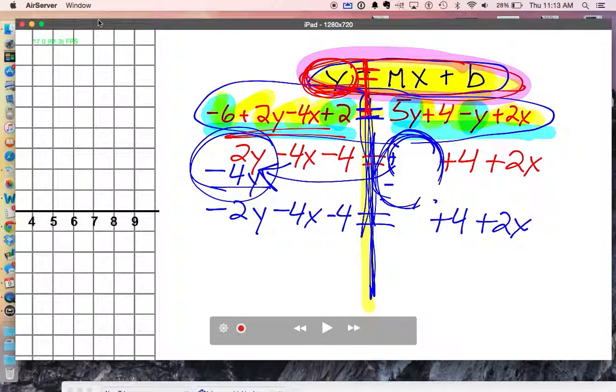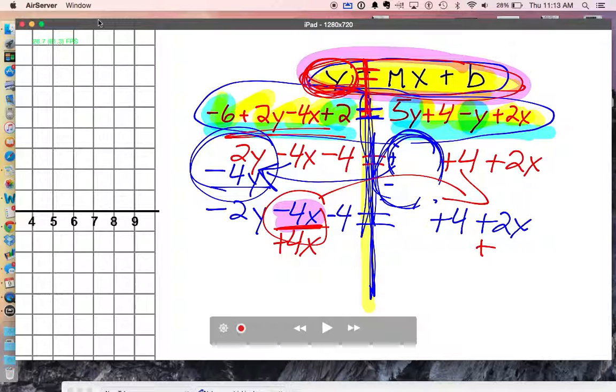So next I want to get all of my x's on the right hand side. So again, I'm going to do the opposite. So this is -4x. The opposite of -4x is +4x.